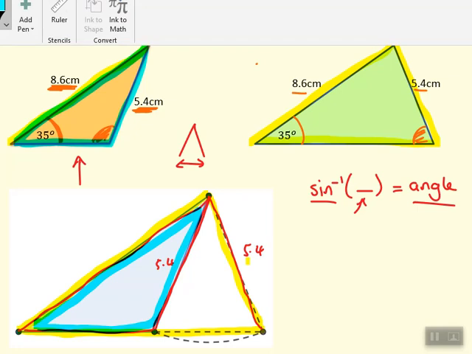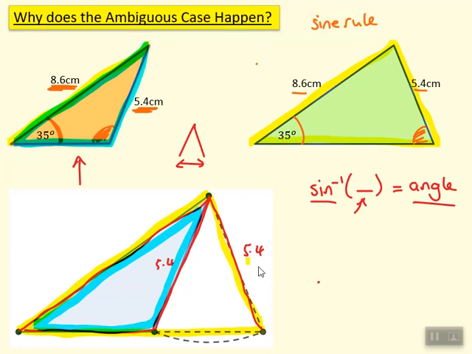But what your calculator does is, because it's set to one thing in particular, when you do sine to the -1, it works out this angle here for the larger triangle, because the calculator doesn't know the difference between this. It doesn't know that you're working on this triangle on the left or the larger triangle on the right.